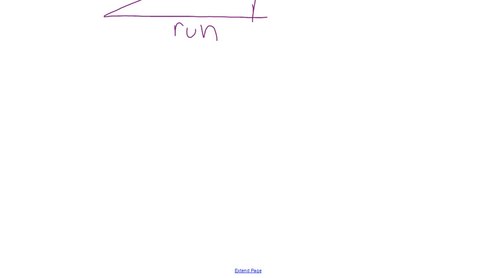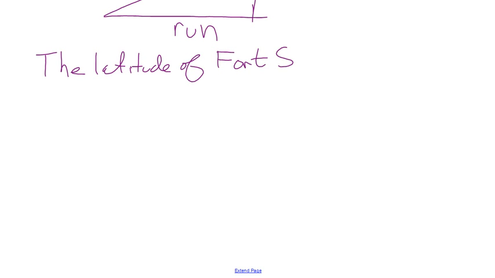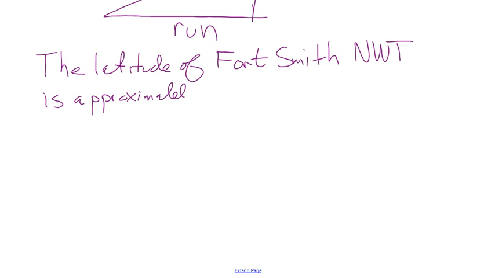So let's say that I have, let's do this, the latitude of Fort Smith, NWT, is approximately 60 degrees.